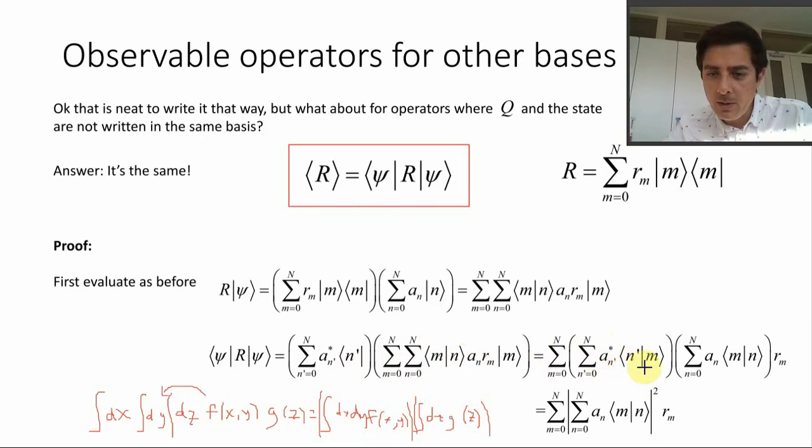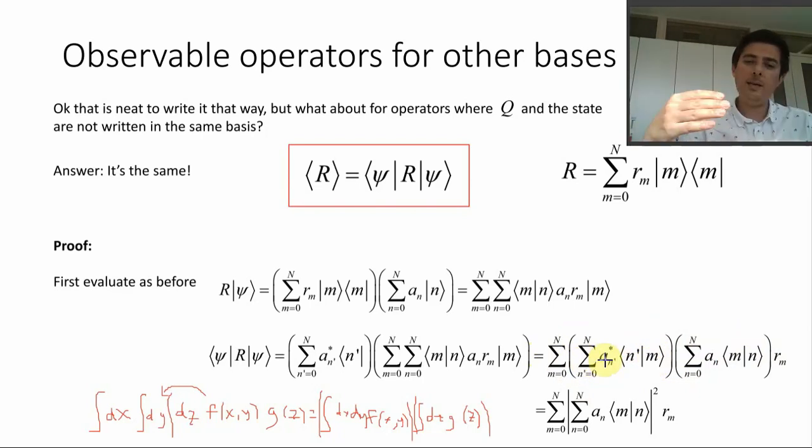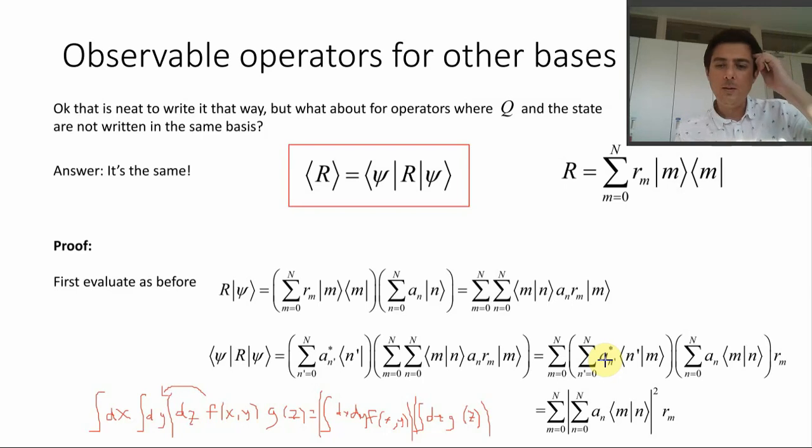This is dependent upon n prime, this is dependent upon n prime, but these guys are not dependent upon n prime. So that means that we can just do that sum and not worry about this sum here at all. But we can't pull this one outside of this sum on the left because that's got an m there. So it's good to take it as far left as possible, but in this case, that's as far left as it will go.